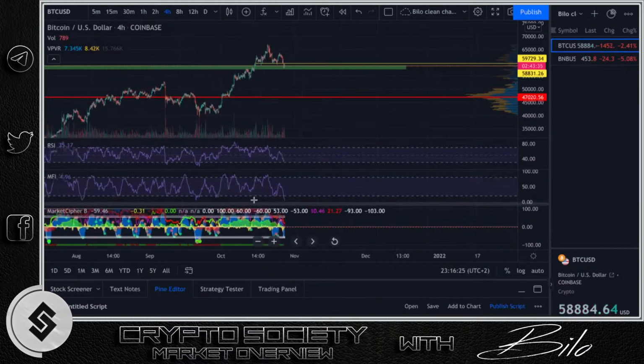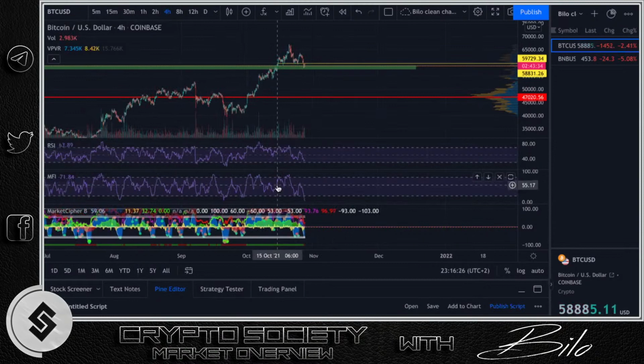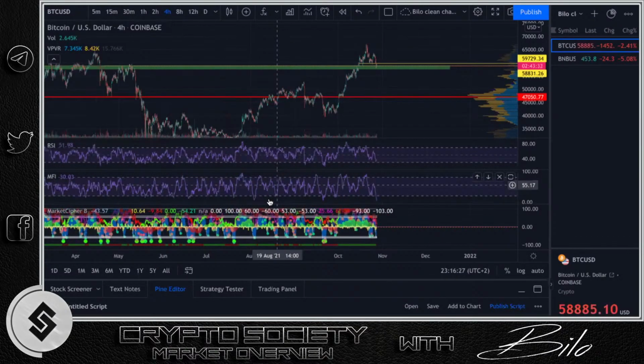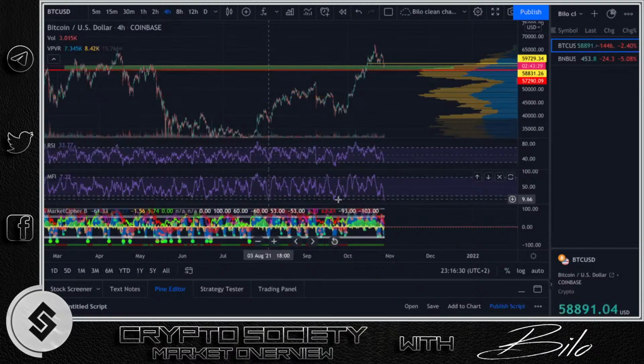And if we go back and take a look, whenever we've reached those regions, we've gone up, up, up. We should go up, up, down. So this is the one time we actually went down. Most of the time we go up.